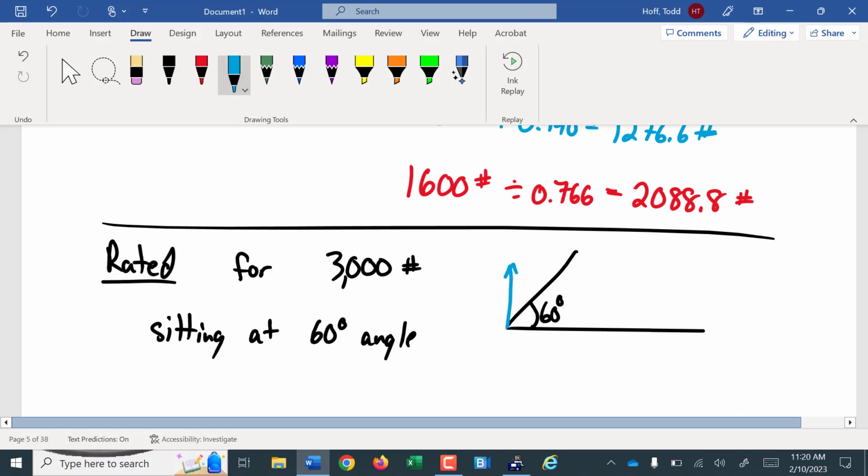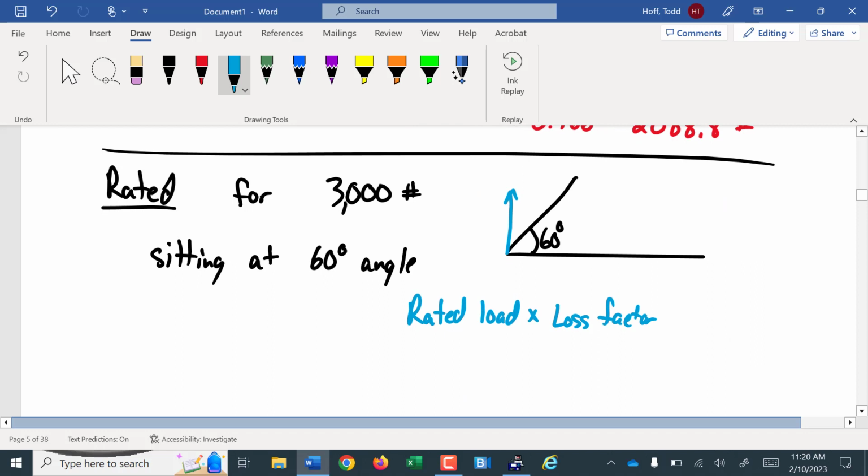Well, now we take the rated load times that loss factor. So for 60, the loss factor is 0.866, I believe. So it's the 3,000 pounds rated load for the cable times 0.866.